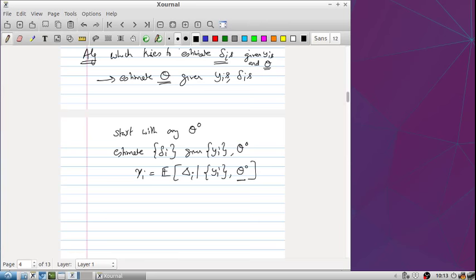If I know that, and I know the data, I can find the expected value of this random variable delta i. Since delta i is a Bernoulli random variable taking two values 0 and 1, its expectation is always between 0 and 1. I'm just calling it gamma i.